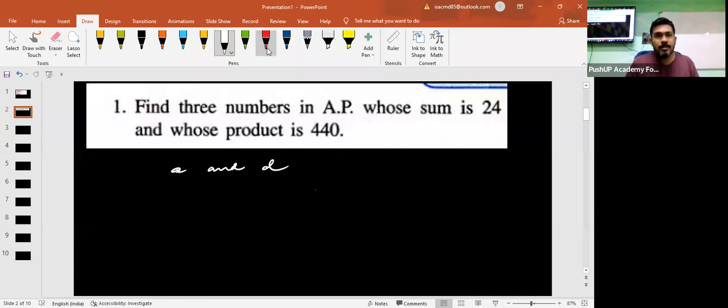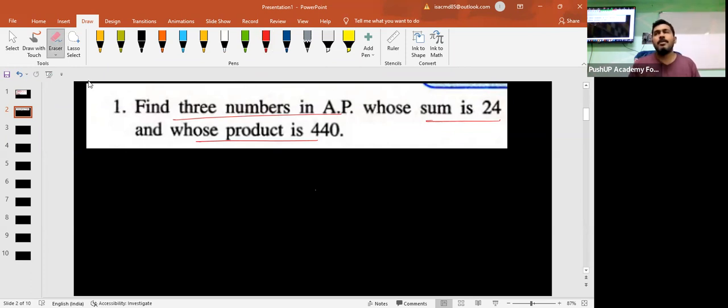Now they are talking about finding three numbers in arithmetic progression. That means the first three numbers in an arithmetic progression where the sum of those three numbers is 24, and at the same time, the product of those three numbers is equal to 440. So what did you observe here? Neither the first term nor the common difference is mentioned.